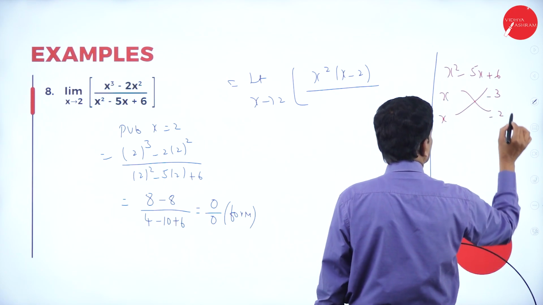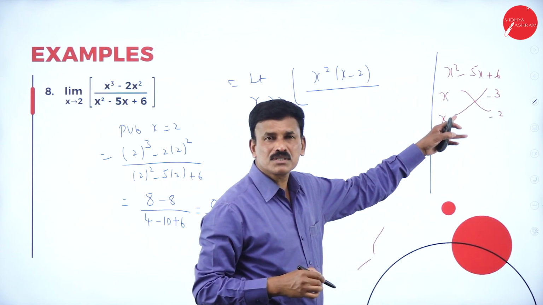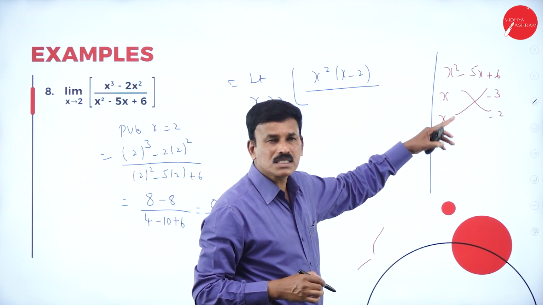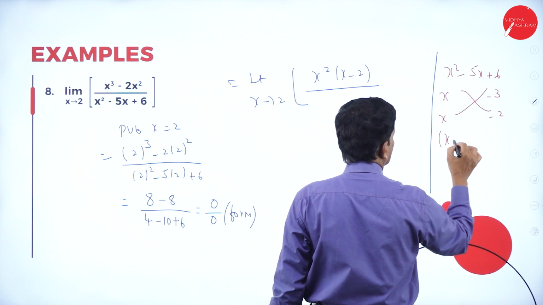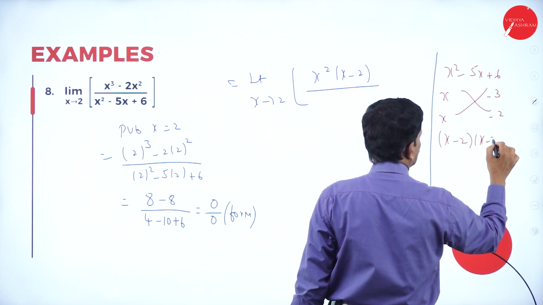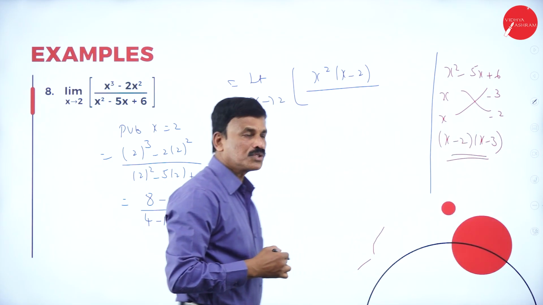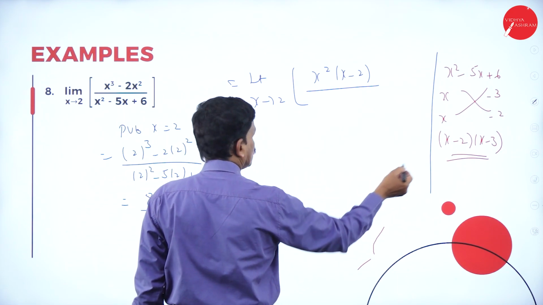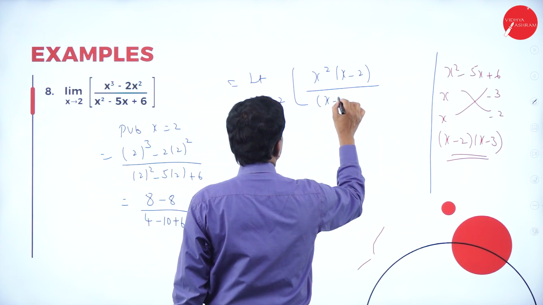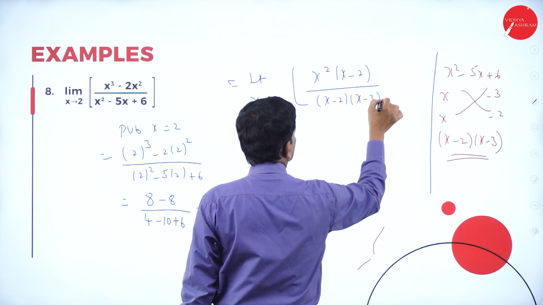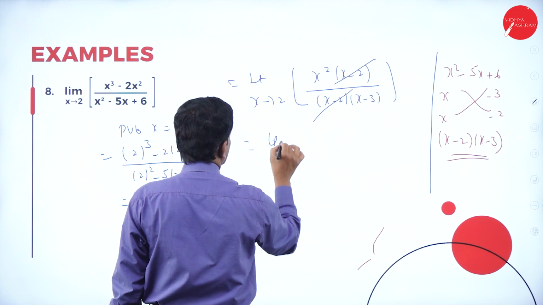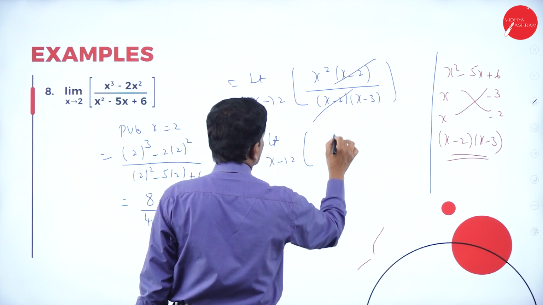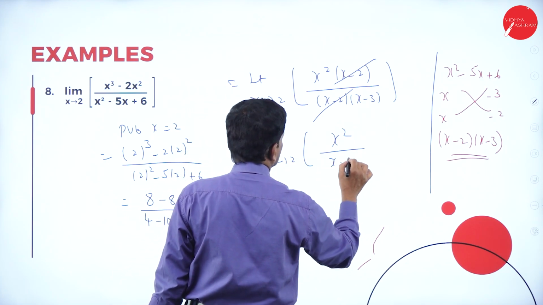So this is minus and minus, minus into minus is plus, minus 3 into minus 2 is plus 6. If you simplify, minus 3x minus 2x is minus 5x. The factors are (x minus 2) into (x minus 3). Now substitute here. So, in the denominator, we can write the factors as (x minus 2) into (x minus 3). Here x minus 2 gets cancelled. What is left? Limit x tends to 2 of x square divided by (x minus 3).